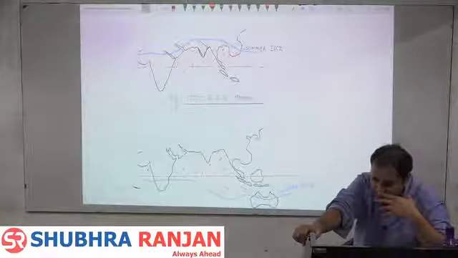Due to this, equatorial westerlies are pulled towards India as southwest monsoon winds.